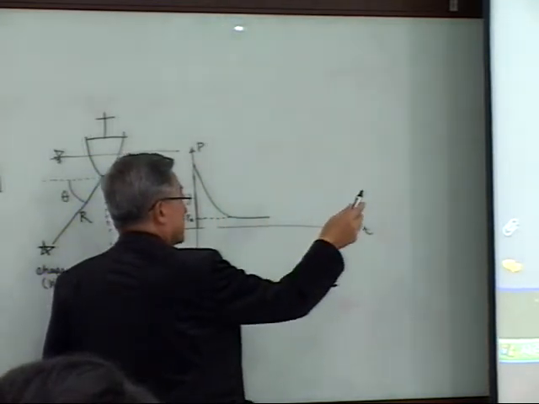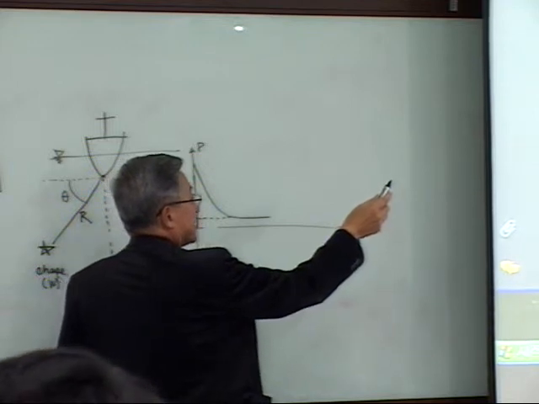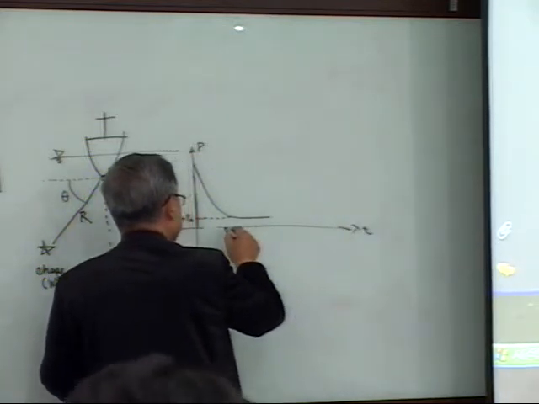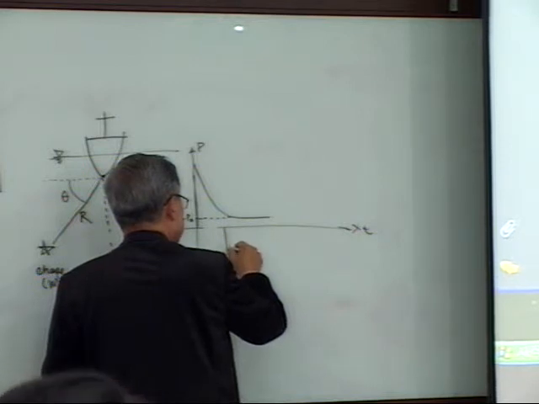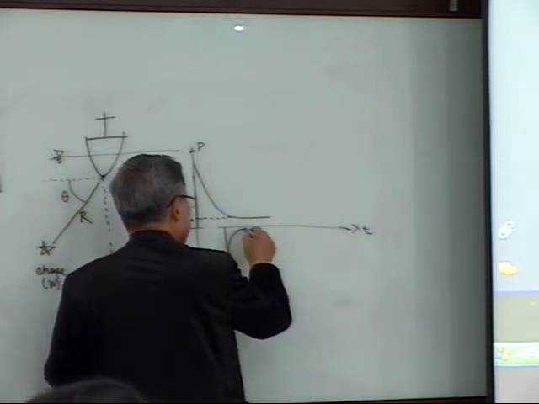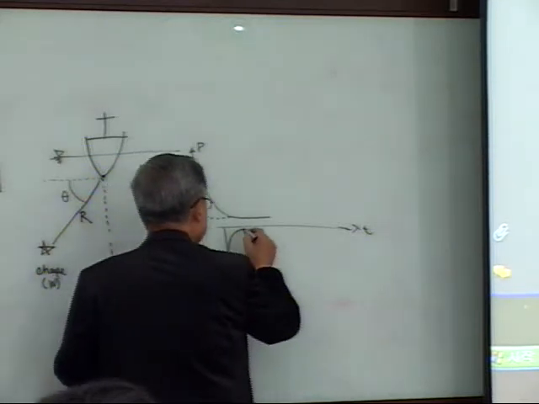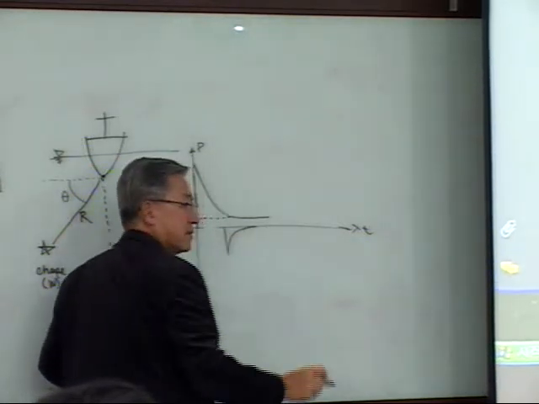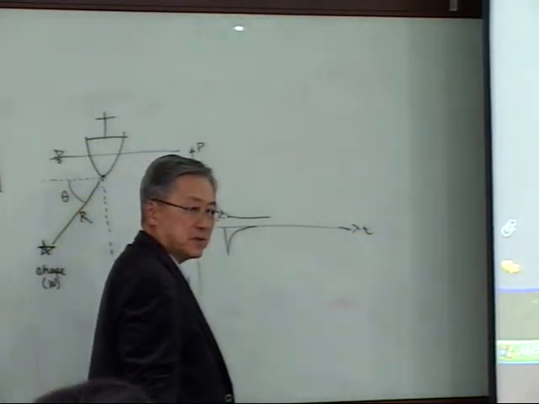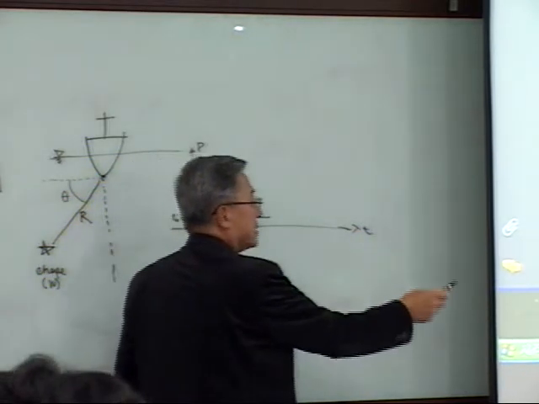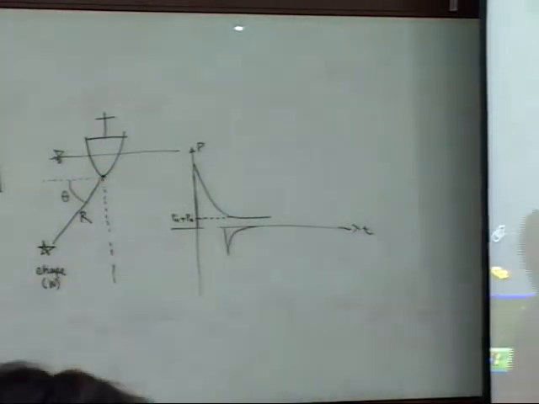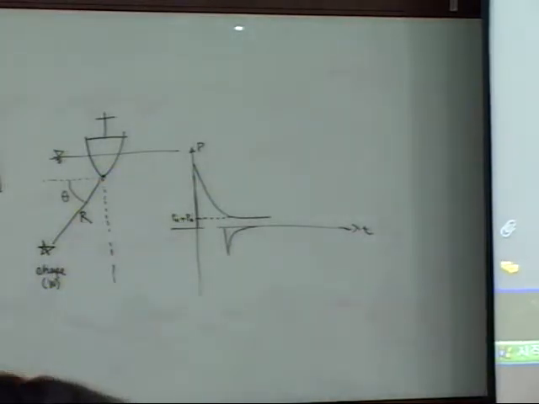Now, if I draw the rarefaction wave, the surface reflection wave, it could be, let's say, like that. It's going to go down to 0. Rarefaction wave. So next is maybe the bottom. Let's say this is the longest one.